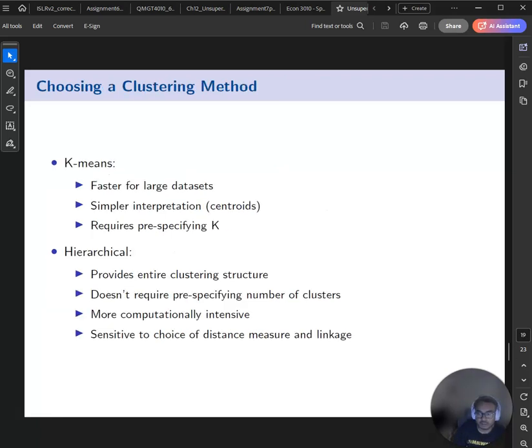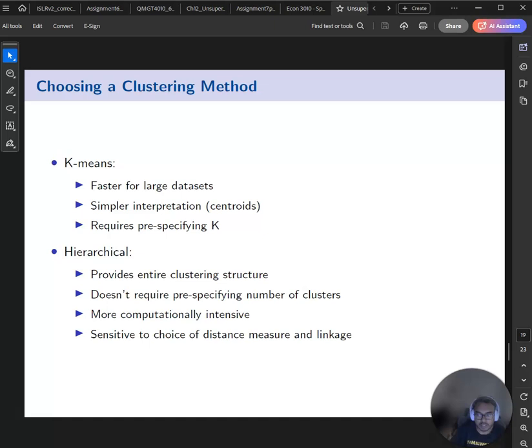So, now that we have covered both k-means and hierarchical clustering, how do we decide which one to use? Let's compare their strengths and limitations. K-means has several advantages. It's faster, especially for large data sets with many observations. It is simple to interpret since each cluster is represented by its centroid, but it also requires us to pre-specify the number of clusters, which is not always obvious.